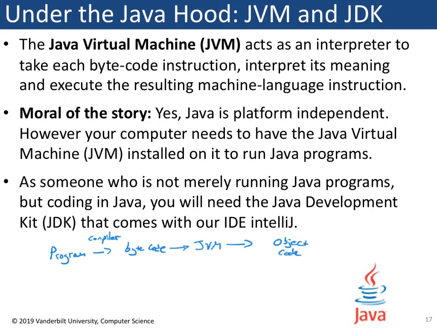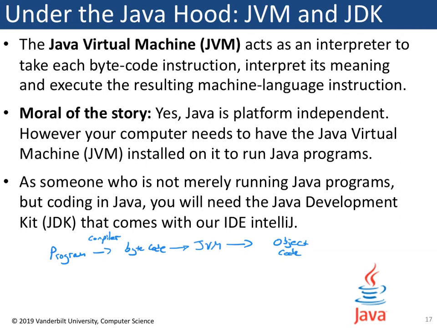So in the slide up here, the JVM is going to be an interpreter that interprets the bytecode into the relevant object code machine instruction. So yes, Java is platform independent, but the way that that's achieved is each individual computer needs to have a JVM installed on it to be able to run a Java bytecode program.